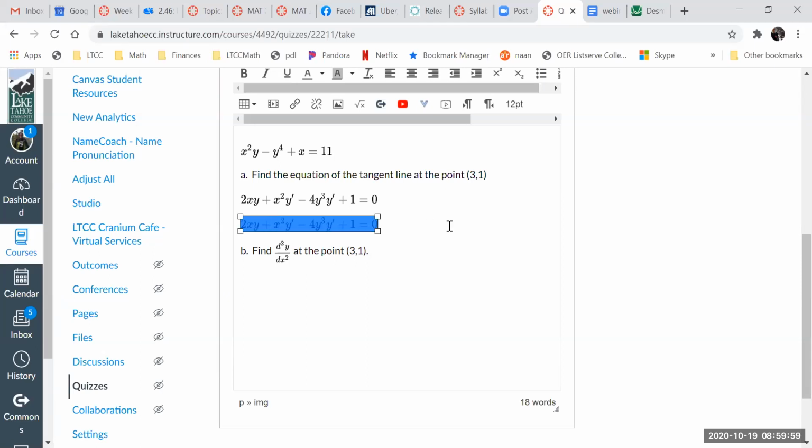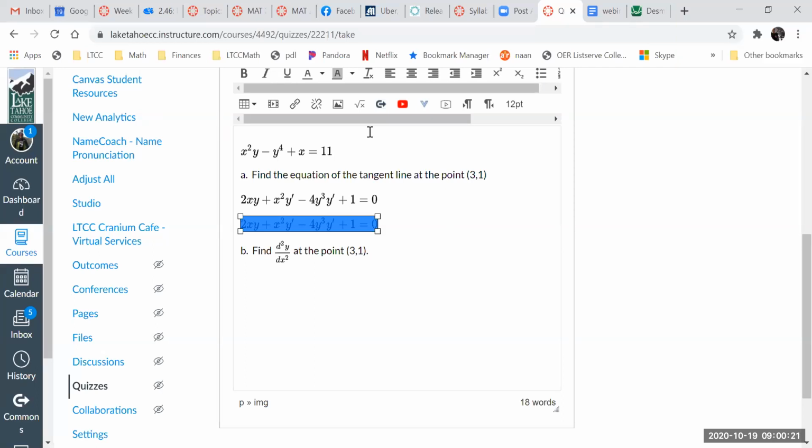Keep the y prime on the left side? You could do that, but we don't need to. Remember, I told you there was an easier way. What should you do next step to make it so much easier than solving for y prime at this point? It's easy. Yeah, we plug in 3 for x and 1 for y.